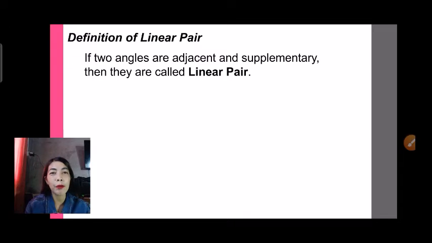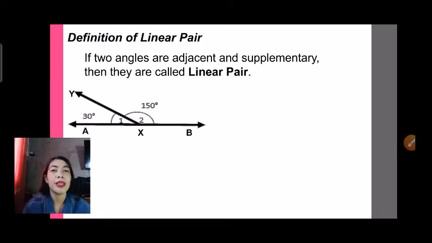So, kanina, napag-usapan natin yung adjacent angle. And, of course, a while ago, about supplementary angle. Linear pair are two angles that are adjacent and supplementary. So, the properties or the characteristic of a linear pair, dalawang angle na adjacent na supplementary pa.